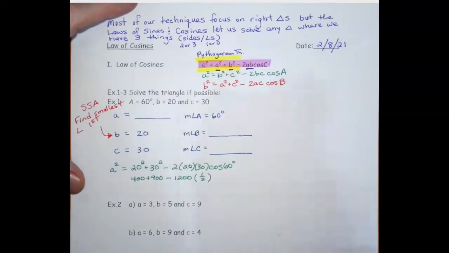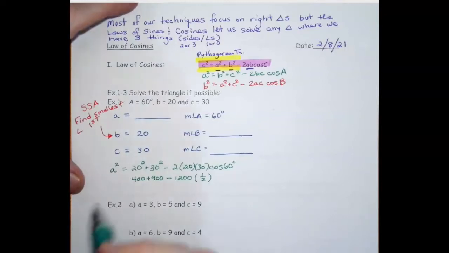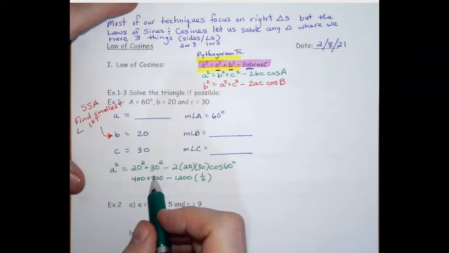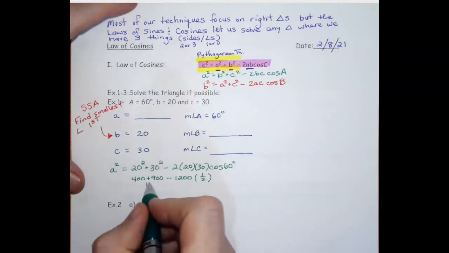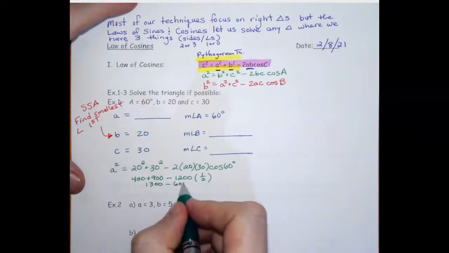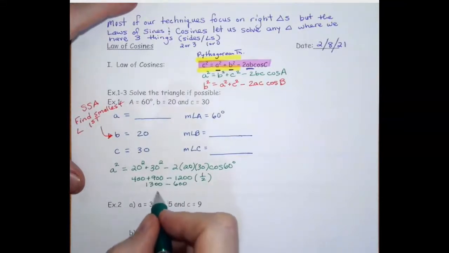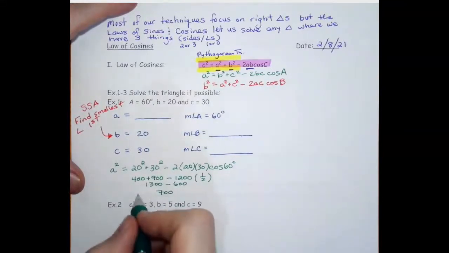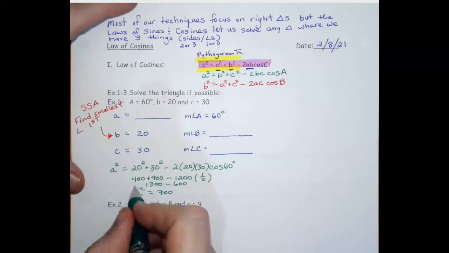In your next class, you probably will have to memorize that in Algebra 2 Honors. I don't know if they make you memorize it in Algebra 2 regular or not. Okay, so that's going to be 1300 minus 600, which is 700. So a squared equals 700.